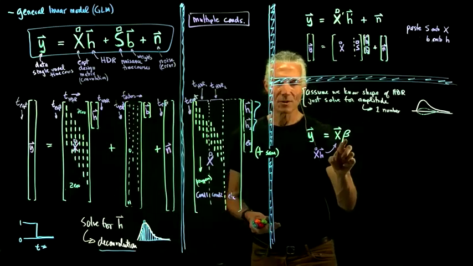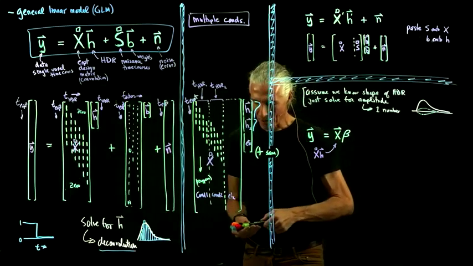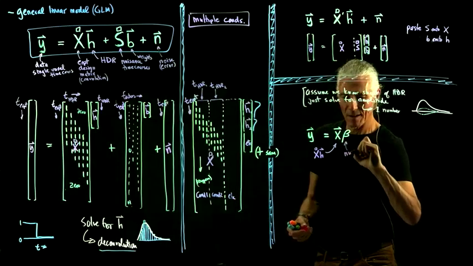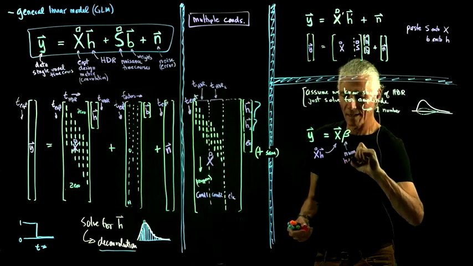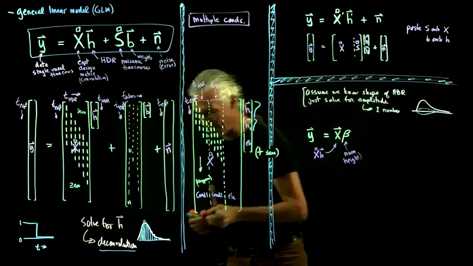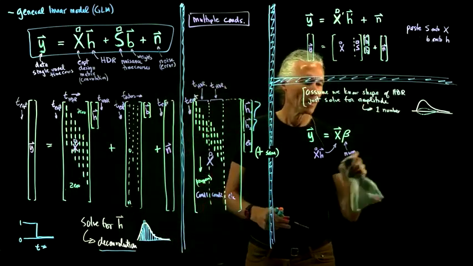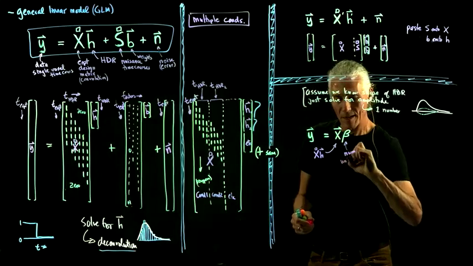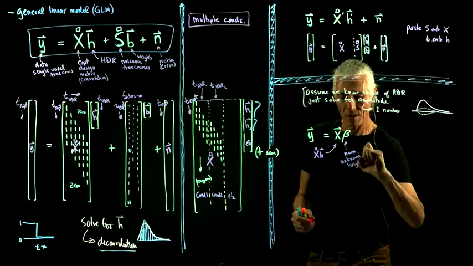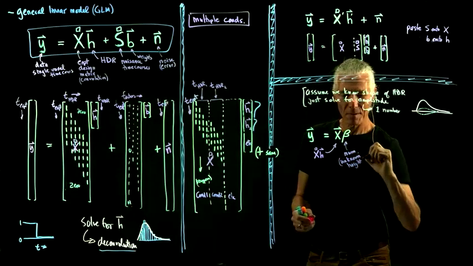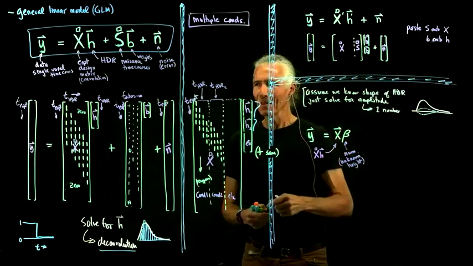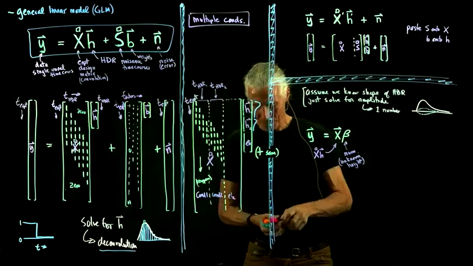So that's how you essentially solve for the height. This is just a number, not a vector. It's just the unknown height. So if you hear beta, or in England beta, that's what it's referring to in this context.